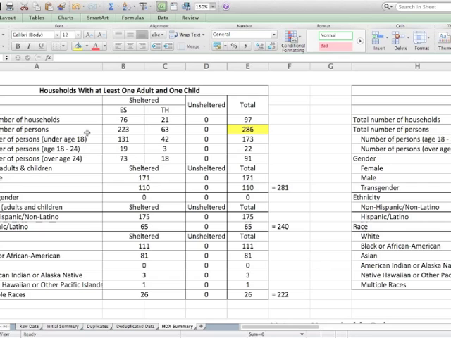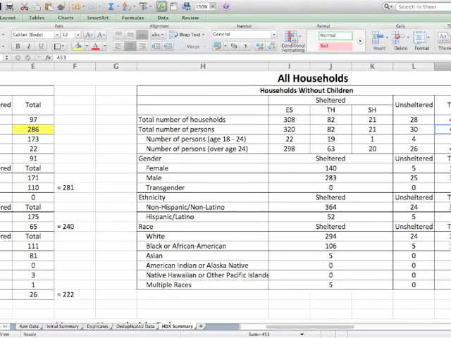Okay, so for instance, let's say you want the total number of individuals that were counted as homeless in your CoC or in your boundaries on the night of the count. First, you need to add the total number of persons that were households with at least one adult and one child from this table. Then you need to add the total number of persons that were households without children, right? So this first table corresponds to families, essentially.